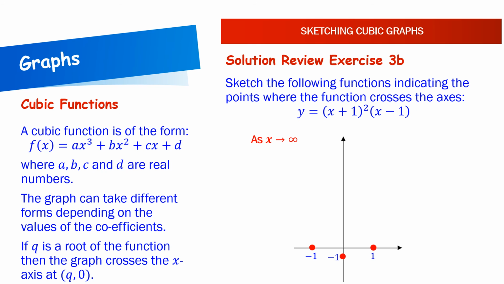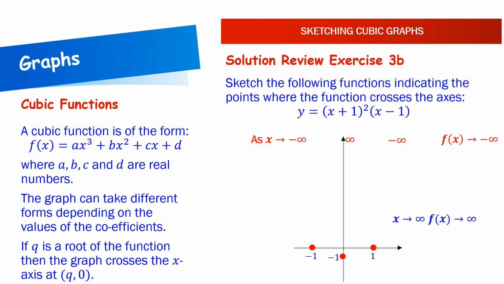As x tends to infinity, (x plus 1) all squared tends to infinity, and x minus 1 tends to infinity. Therefore, f(x) tends to infinity too. And as x tends to minus infinity, (x plus 1) all squared tends to infinity, and x minus 1 tends to minus infinity.